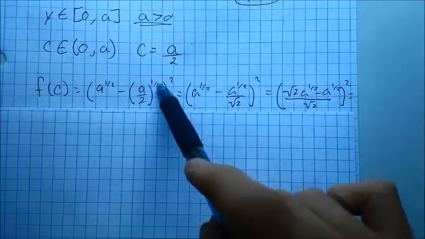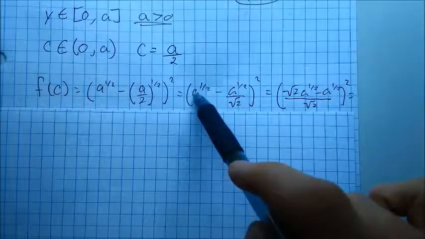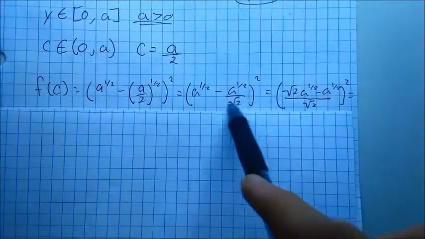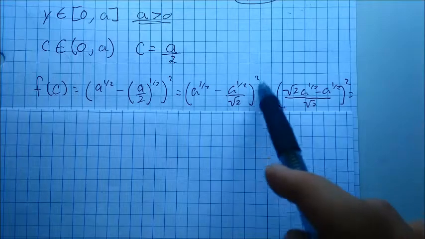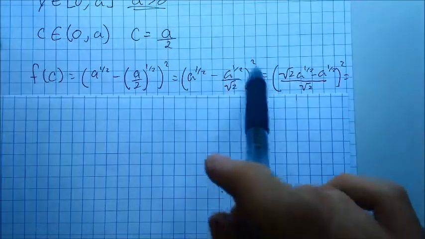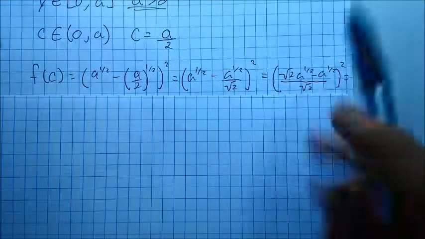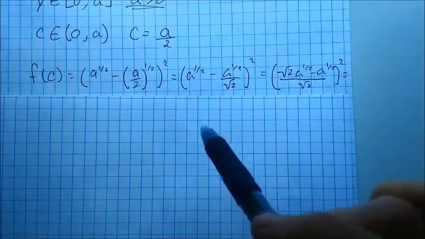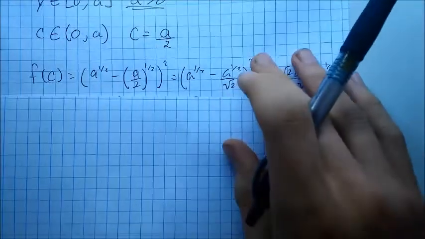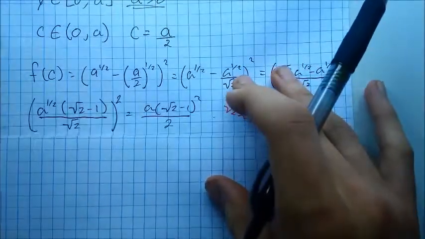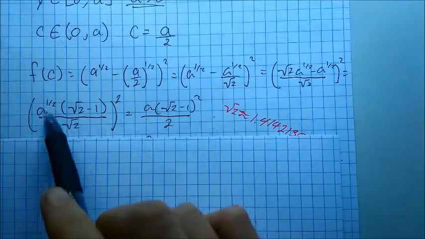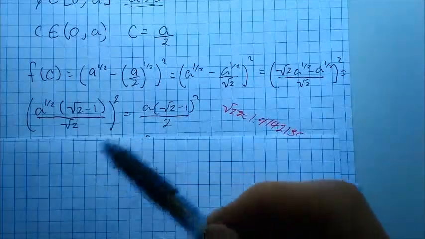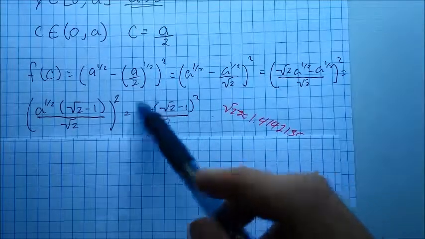We can distribute this square root, say a to the 1/2 minus a to the 1/2 over square root 2, find a common denominator by multiplying by square root 2 over, and this is all still inside this binomial being squared, so not breaking any rules here. So we have square root of 2, a to the 1/2 minus a to the 1/2 over square root 2. What we can do here is factor out an a to the 1/2 like we did last time, get a to the 1/2 times the coefficients of square root of 2 minus 1 over square root of 2, and all that squared.